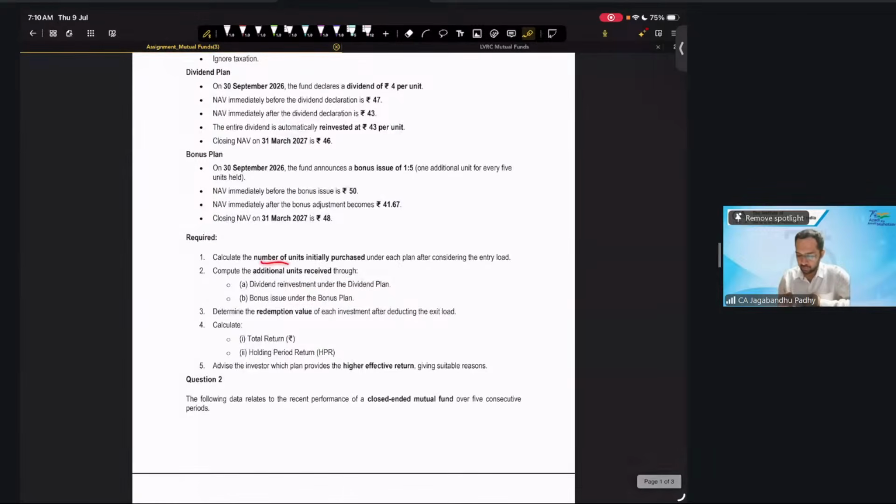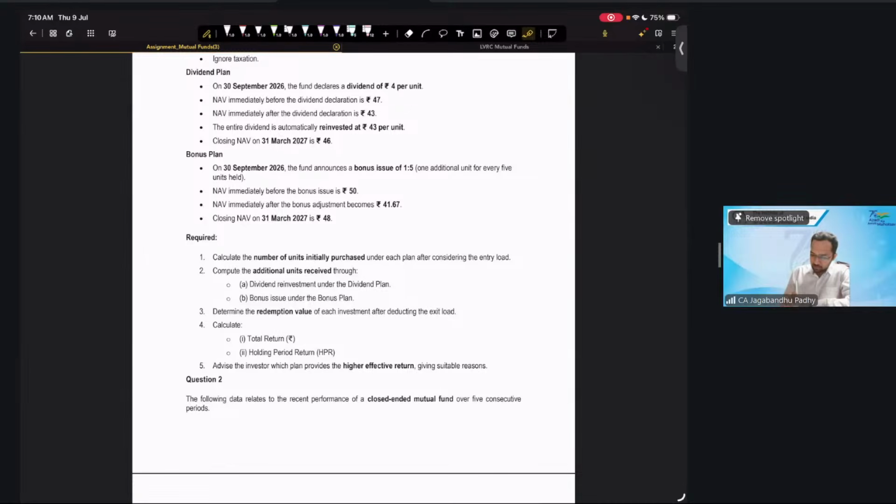Now, we have to compute the number of units initially purchased. First, we need to get the number of units that were purchased. Second, compute the additional units received through dividend reinvestment under the dividend plan and bonus issue under the bonus plan. So you have to get the number of additional units received.